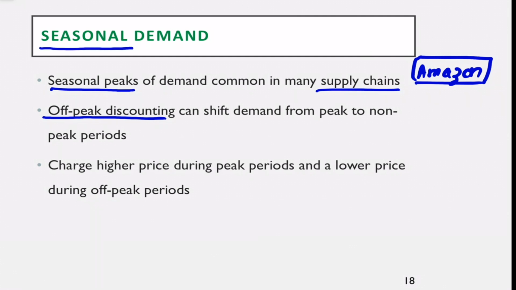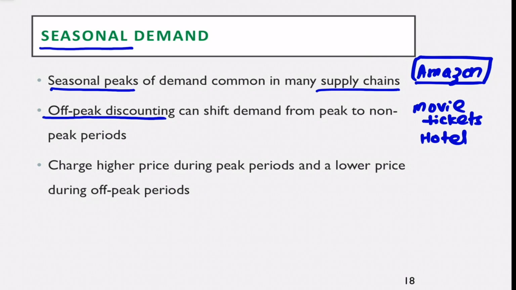This is also common in movie tickets. Instead of watching a movie in the evening, which is a peak time, if someone is ready to watch the movie in the morning, the price is relatively lower. The hotel industry does differential pricing by day of the week and also time of the year.